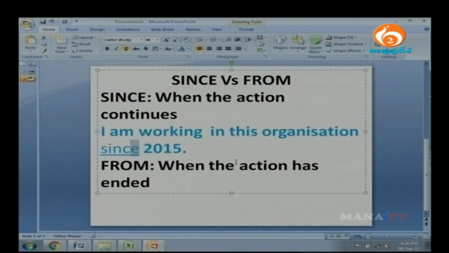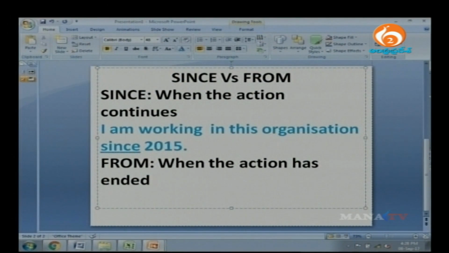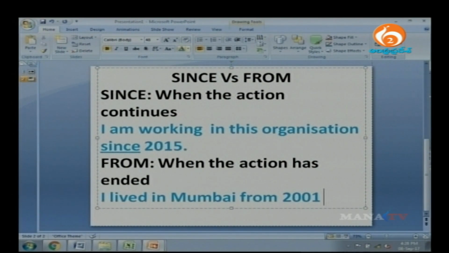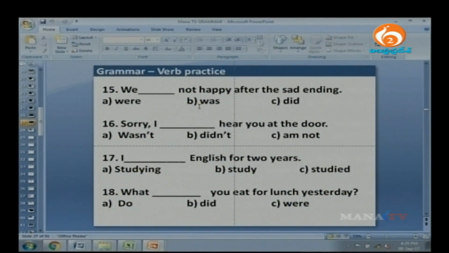Since is the appropriate form here because the time is still continuing. Now here, I lived in Mumbai from 2001 till 2004. Which means there is an end date. You use from when there is an end time, you use since when it is continuing. So please remember this aspect.